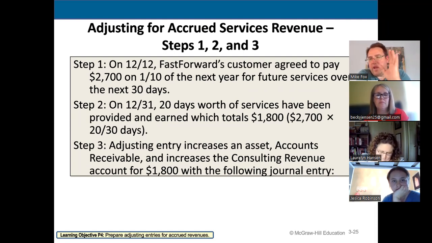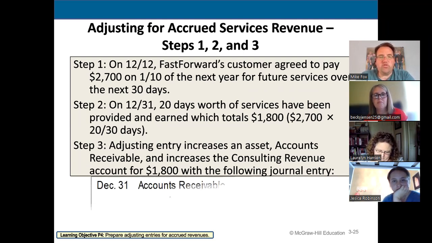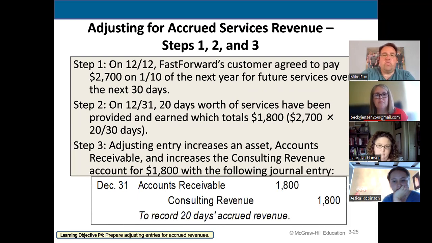And we're going to earn the remaining 900 in the next year. So for these, what we're doing is recognizing revenue we've earned, even though we haven't been paid for it yet. So the entry will look like this, where we debit accounts receivable, money owed to us, and we credit the revenue account to show that we've earned that money.